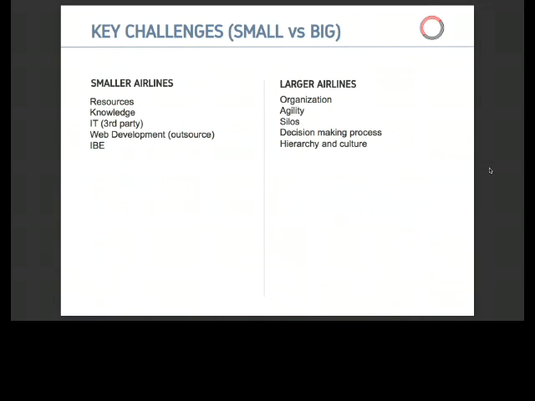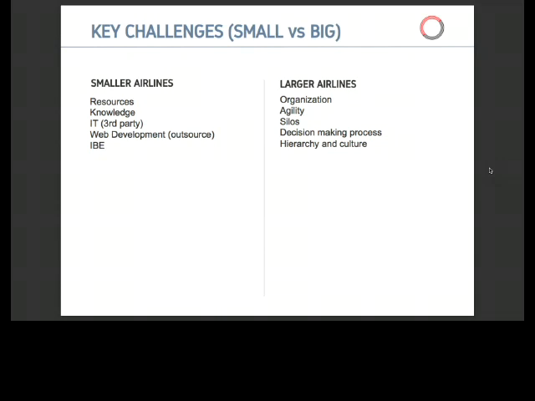So for them, the key challenge is to get this CRO and growth knowledge in the first place. The second problematic part is the IT landscape, the booking engine and web development, which in a lot of cases is outsourced. This is the second area that is really a constraint for smaller airlines, and I will talk a little later about how we can address that.